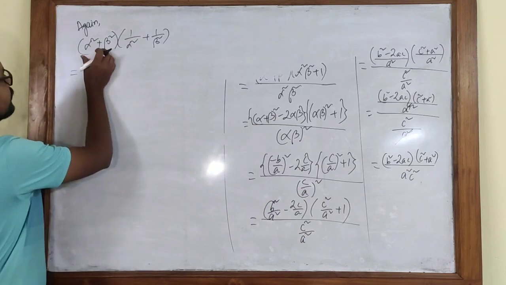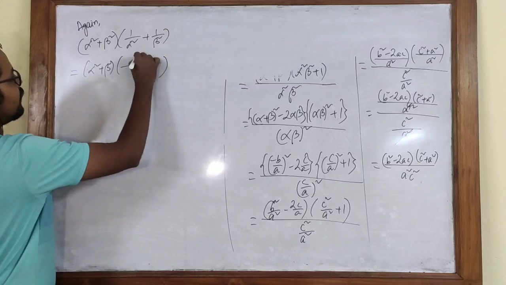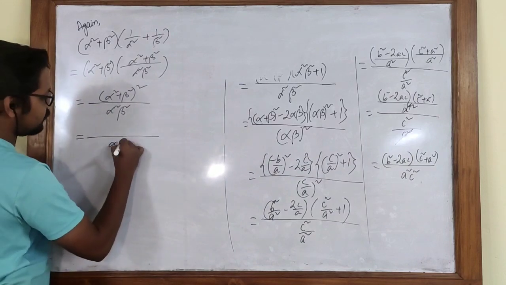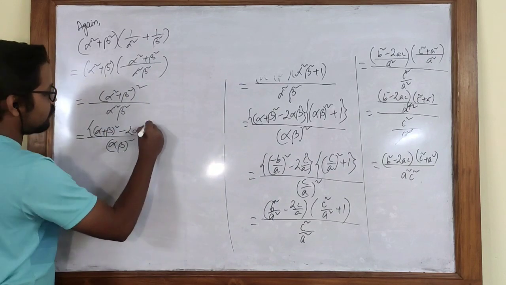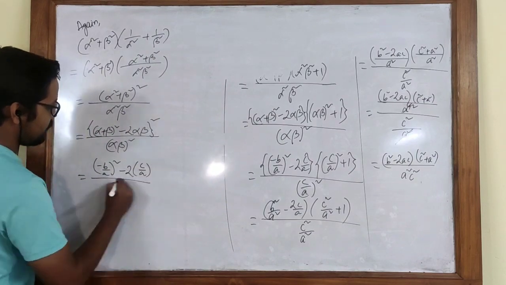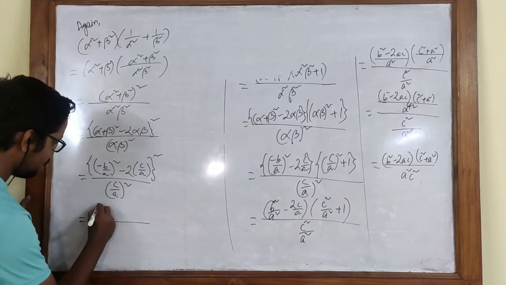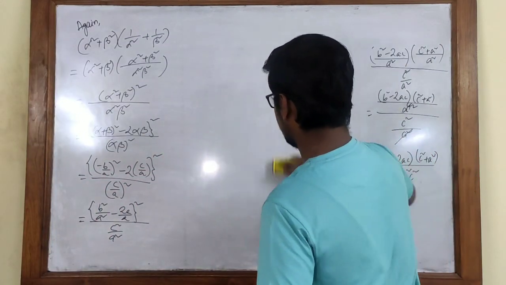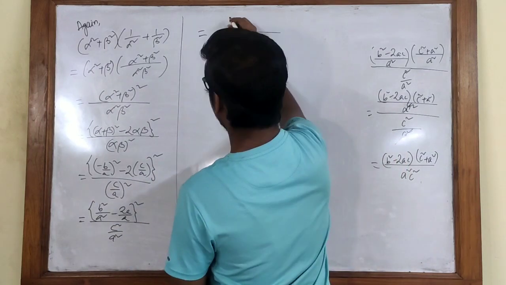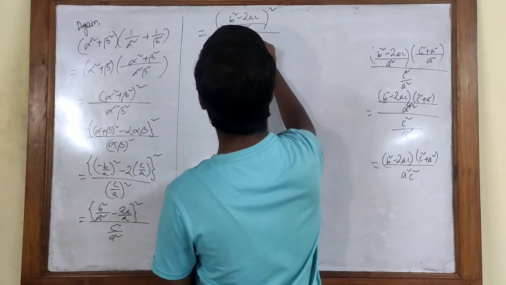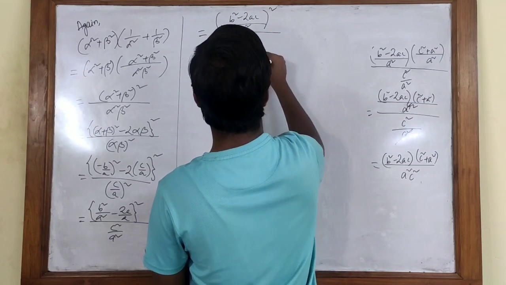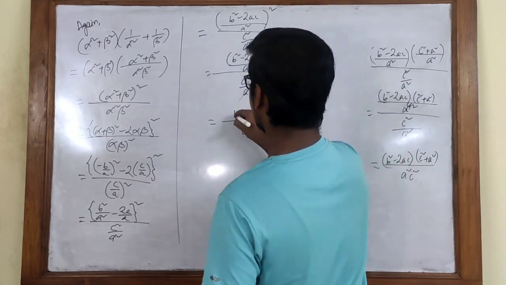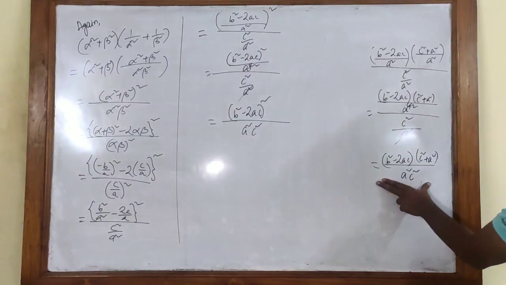So let's see again. So this is the product and this is the sum of the roots.